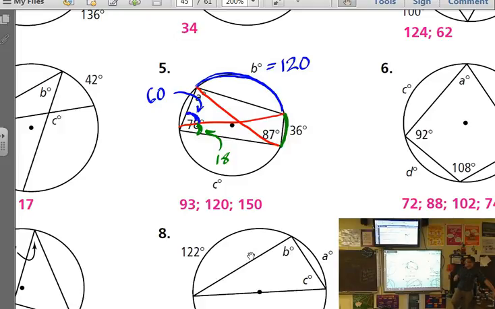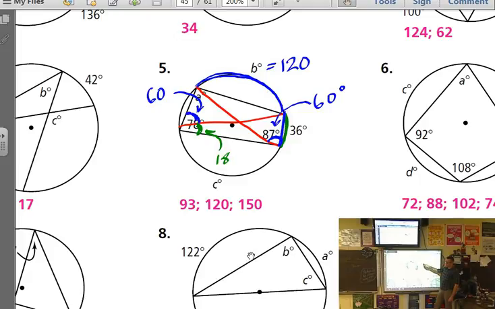So we still have to figure out C. Now, like we just did, I can use, and this is where it gets a bit hairy, this red line that goes across and this edge of my quadrilateral to intercept this arc and realize that this small portion of this angle has to be 60.